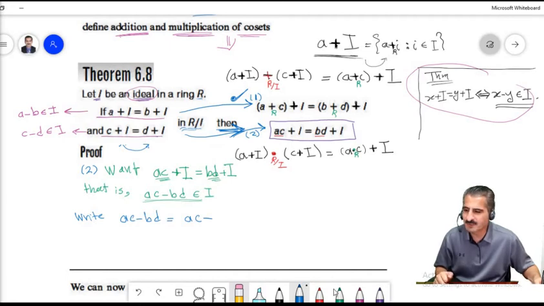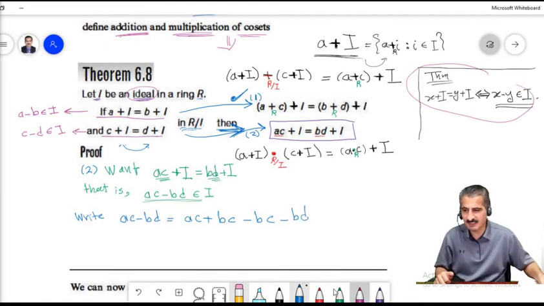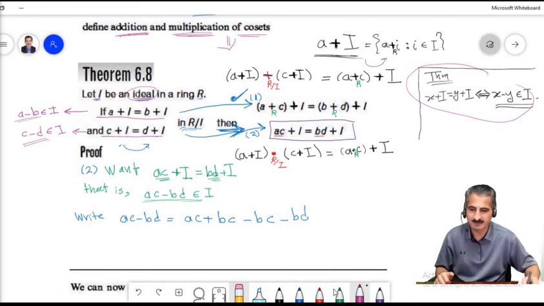What if we add AD and subtract AD? No. What if we add BC? And that will work. So let us add BC and subtract BC, so we change nothing, minus BD. I was looking at this because I want to benefit from that.